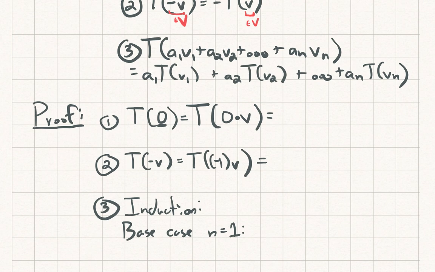So the first thing, we want to show that the zero vector in V gets mapped to the zero vector in W. So I know that the zero vector in V, well, I can say that's the same thing as the zero scalar times any vector in V that I like. And now, because I know this is a linear transformation, I can move that scalar outside of it. So this is the same thing as 0 times T of v.